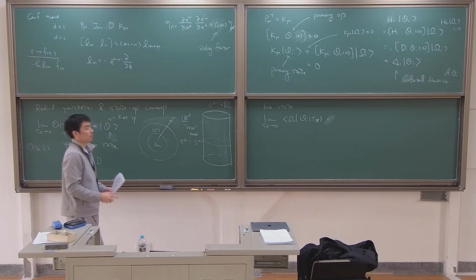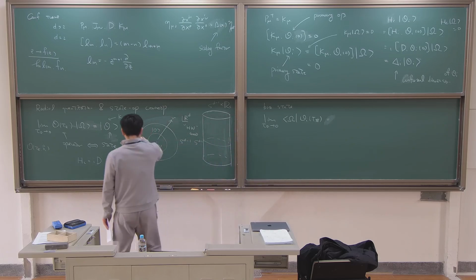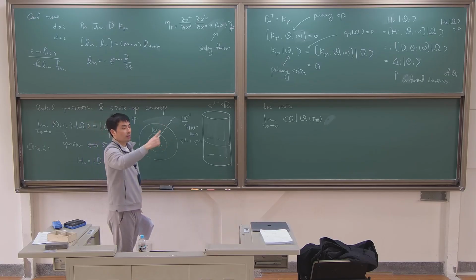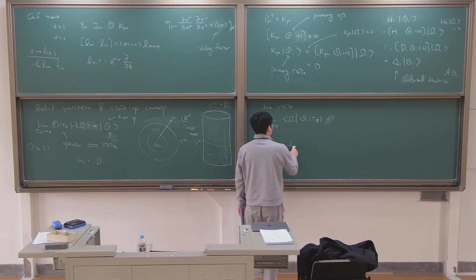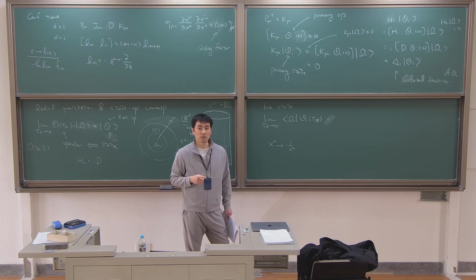Here, as I mentioned, 0 and infinity are related by x goes to x^mu over x squared, right? That's what we learned.